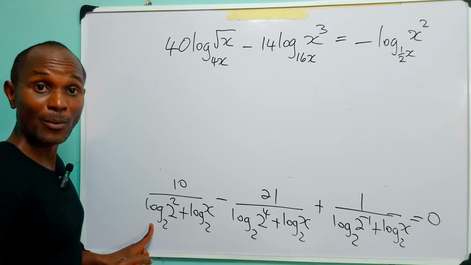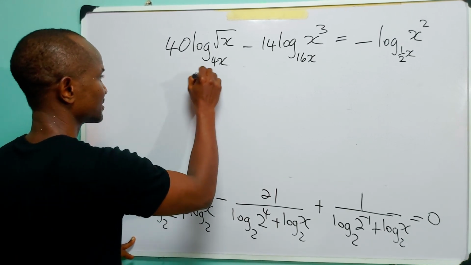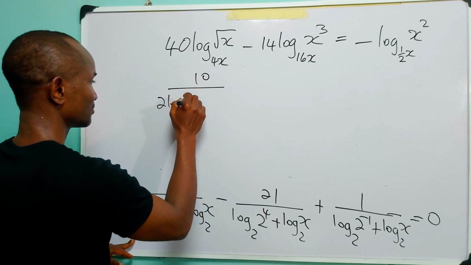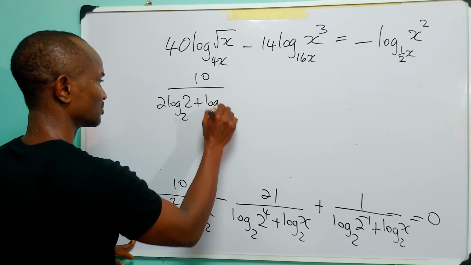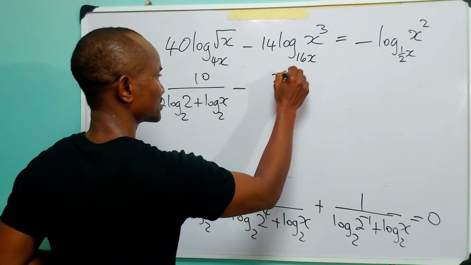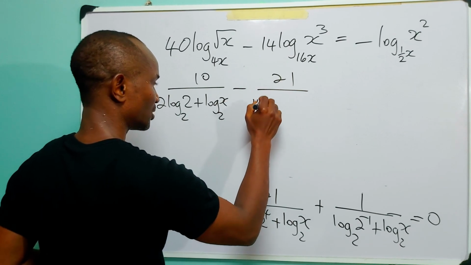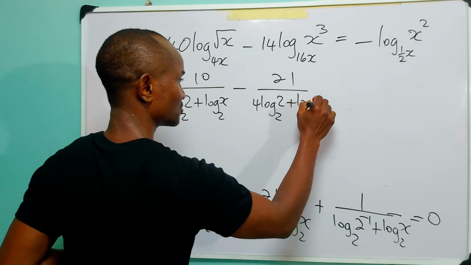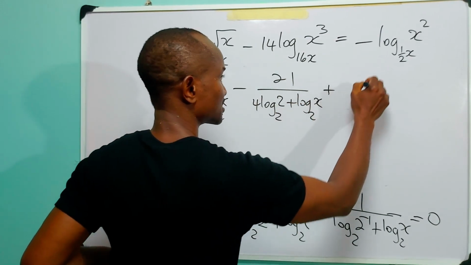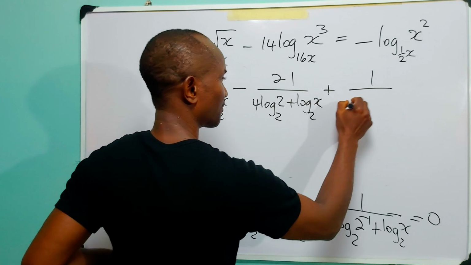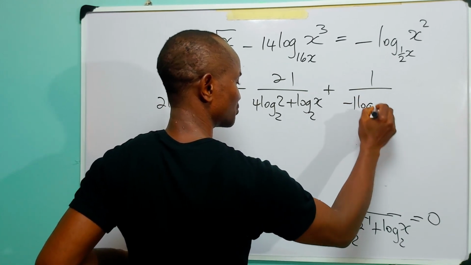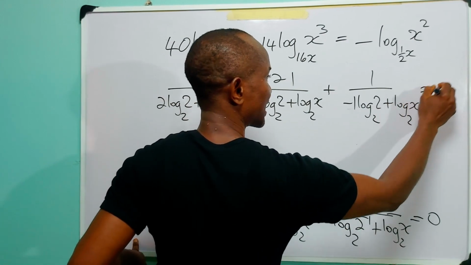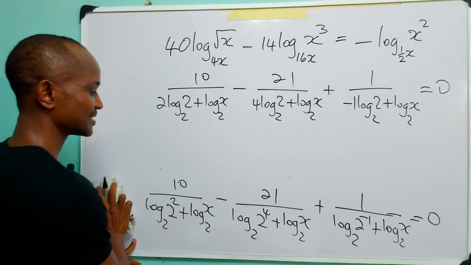Now, once more, applying the power law to this, we can write this as 10 over 2 times log₂ of 2 plus log₂ of x, minus 21 over 4 times log₂ of 2 plus log₂ of x, plus 1 over minus 1 times log₂ of 2 plus log₂ of x, and everything still remains equal to 0.